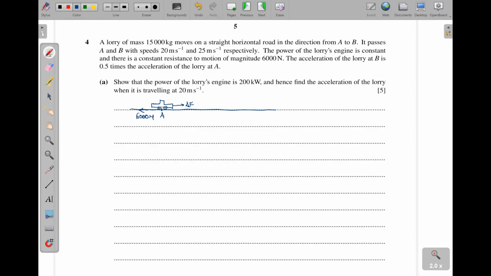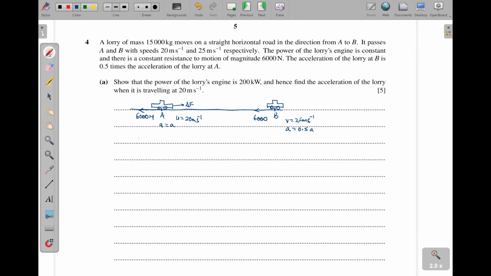Let's say this is point A, then this is point B. So when it reaches here, still it has that resistance force. The velocity here is 25 meters per second. The acceleration here is 0.5 of A, and the acceleration here is A. U here is 20 meters per second.